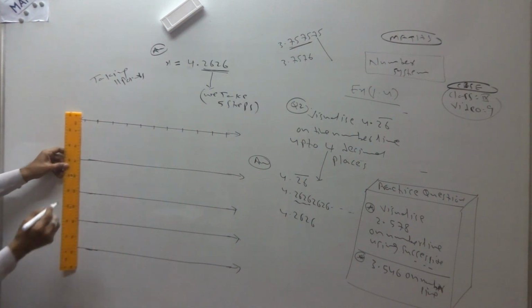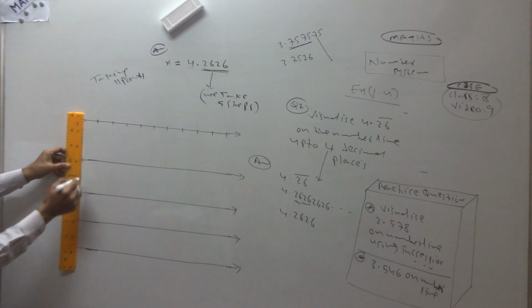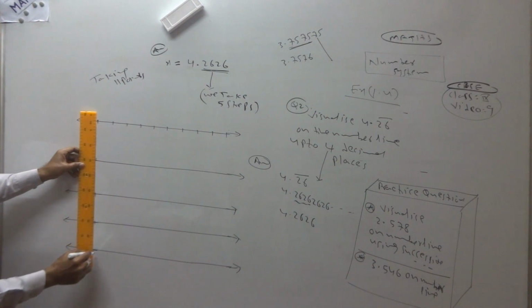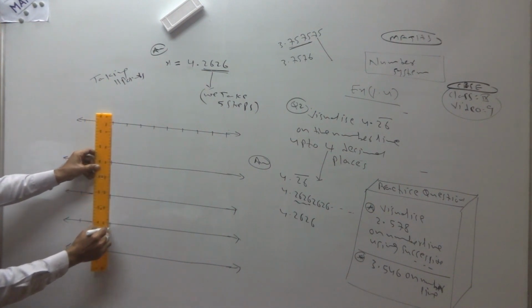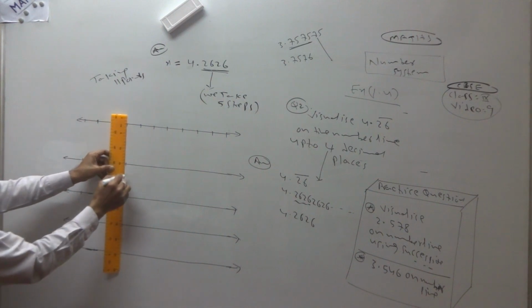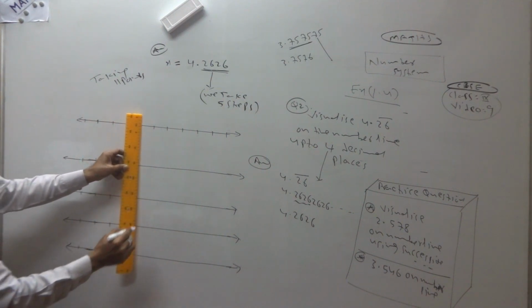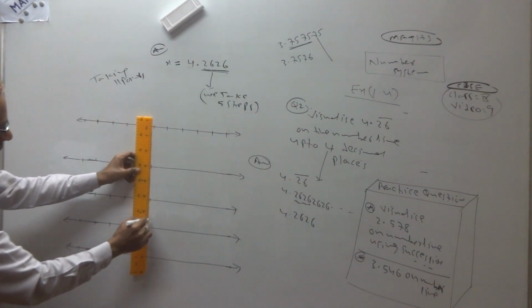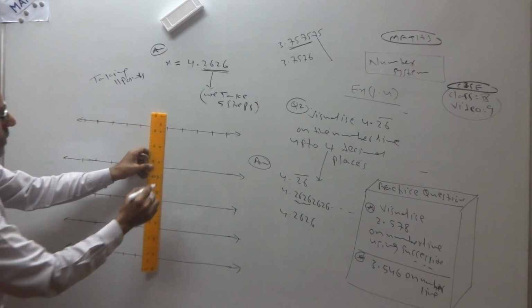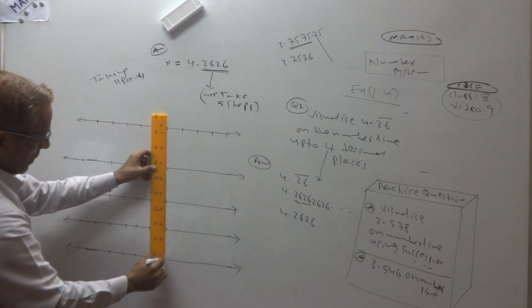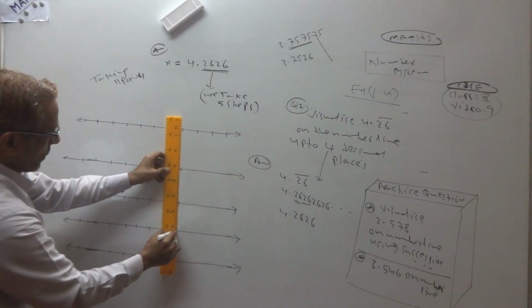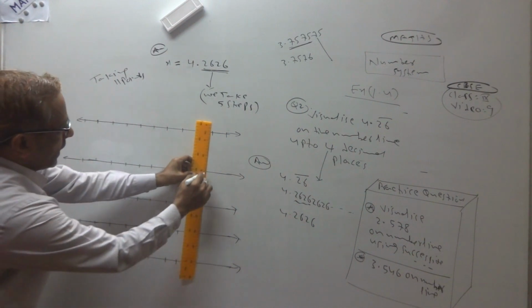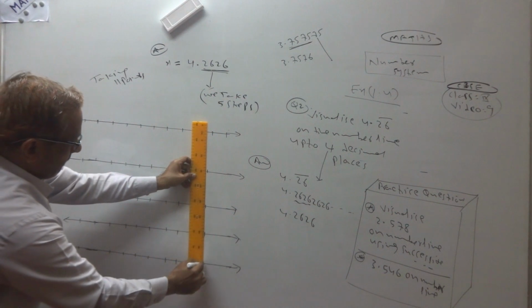So this way, along with this, 1, then 2, then 3, 4, 5, 6, 7, 8, 9, 10, 11.